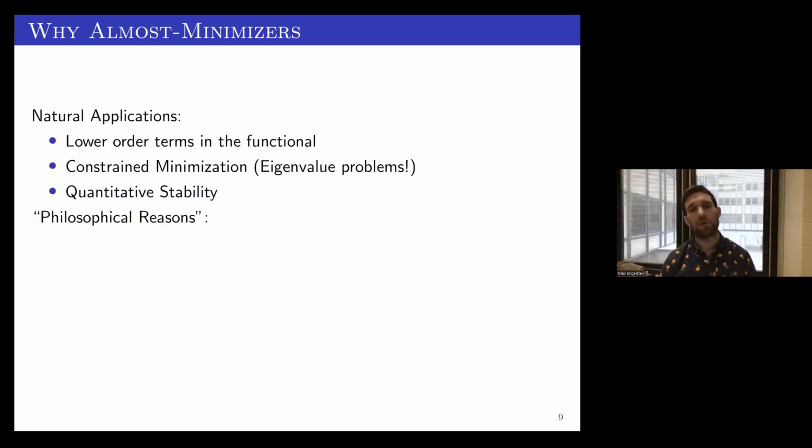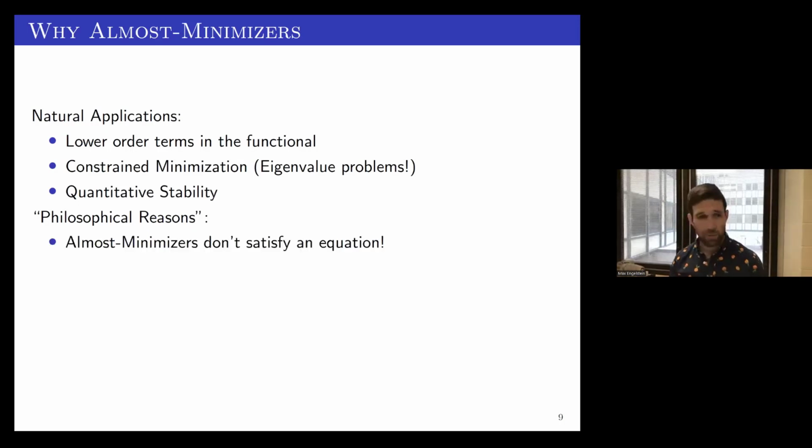And there's some philosophical reasons why you might care about almost minimizers. They don't satisfy an equation, or they can satisfy an equation, but one which is different than the equations that come from the critical points of Alt-Caffarelli. So it's not going to be necessarily true that every almost minimizer satisfies a PDE.